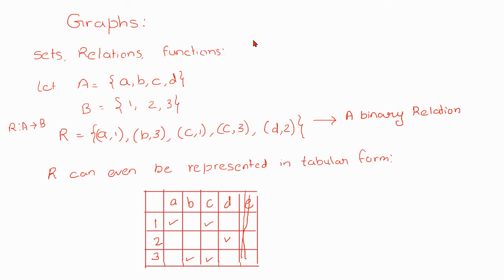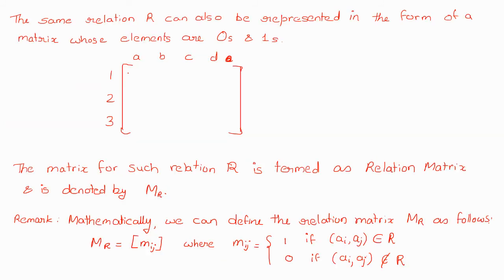And whenever there is no relation between two elements, for example (b, 1) is not an element of this set R, in such places we will put 0. If we represent such a matrix, whose columns are a, b, c, d and whose rows are 1, 2, 3, how can we represent it?